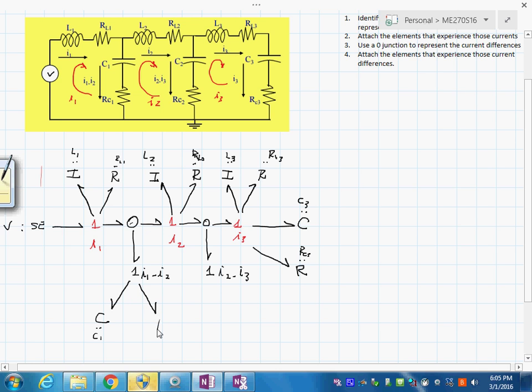So this is C sub 2, and this other R element has value RC sub 2. It's important to notice that we have finished the basic structure of this bond graph model of the entire system.